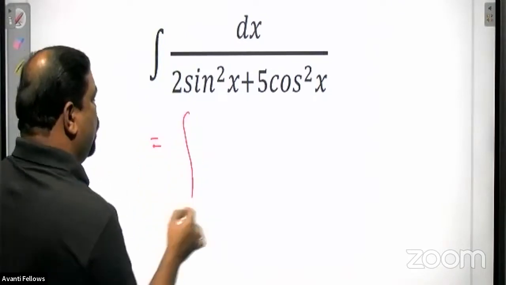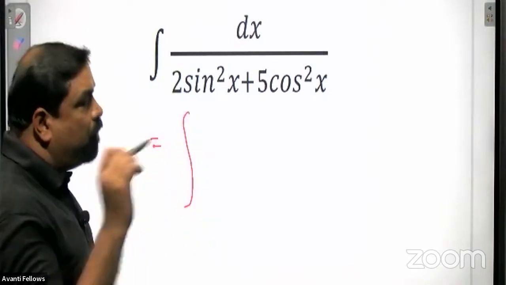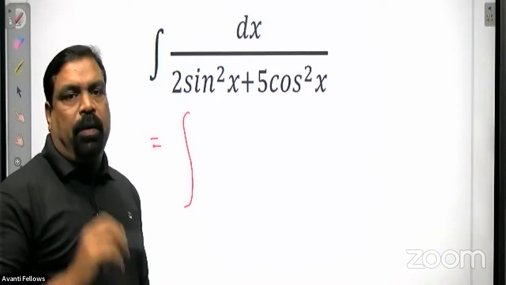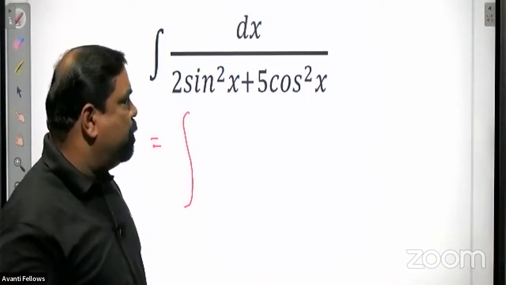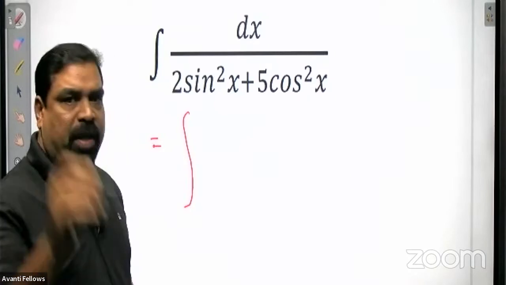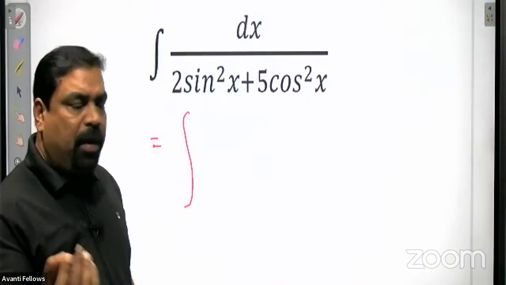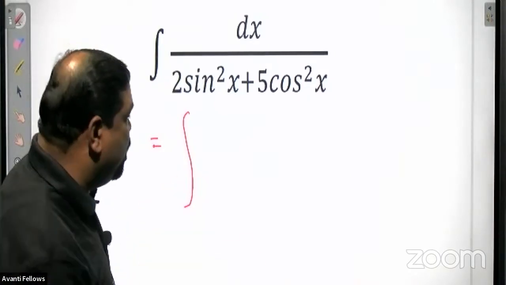What we will do here, we will divide the numerator and denominator by cos square x.